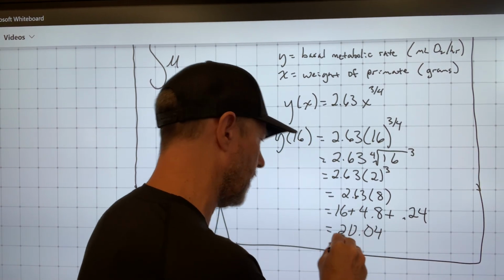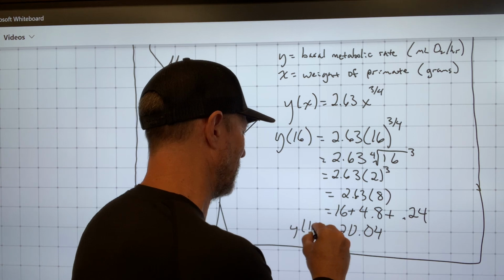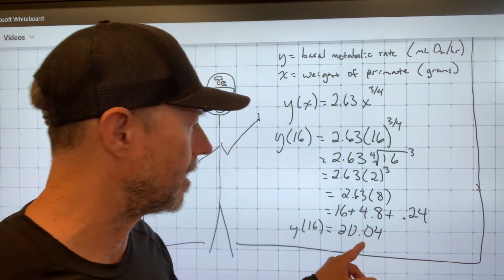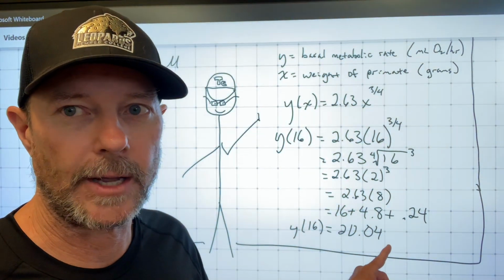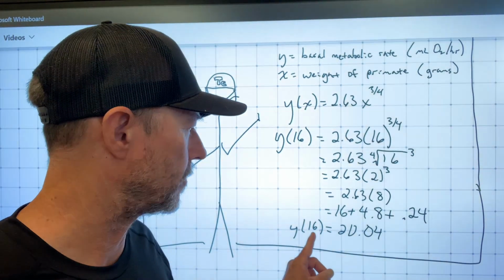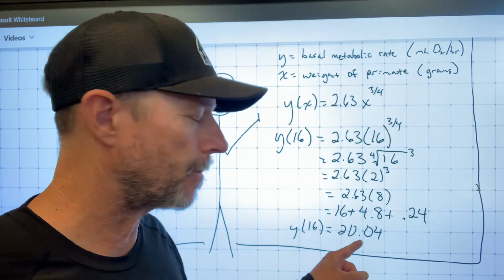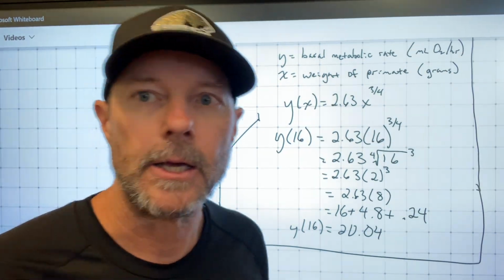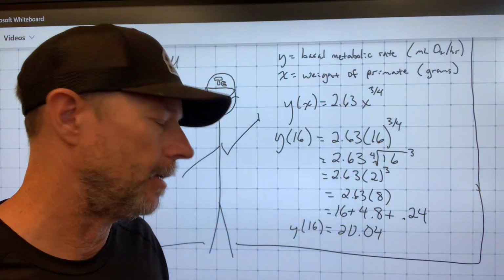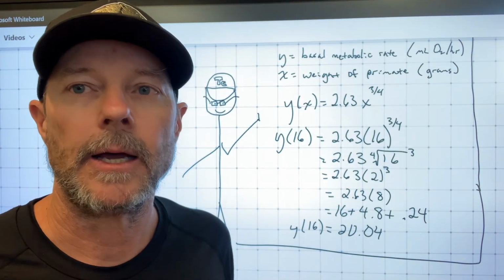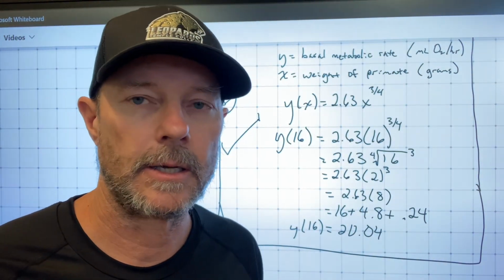But this is not dollars. I was just using that to help me do the math. What this is, is the metabolic rate of the primate that weighs 16 grams. So if you have a primate that weighs 16 grams, its metabolic rate is predicted to be basically 20 milliliters of oxygen per hour.